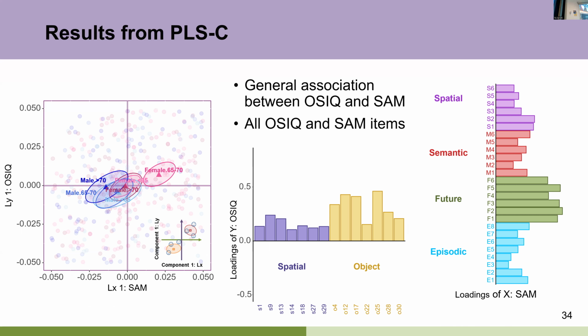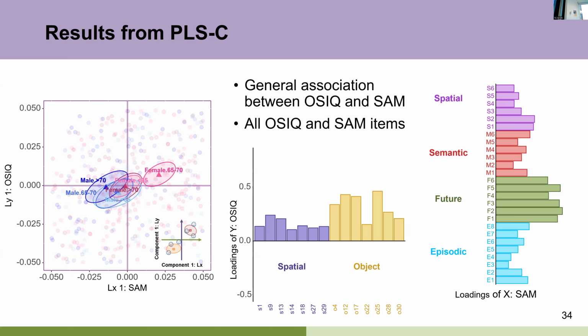And then you have a clear separation along the x, so that means according to autobiographical memory, that's most related to this dimension, females between 65 and 70 have significantly higher scores compared to all the other ones. And then you can project them onto the y again, and now you're looking at their new OSIQ scores. But they kind of overlap with each other, right? So it doesn't really separate the groups. Make sense so far?